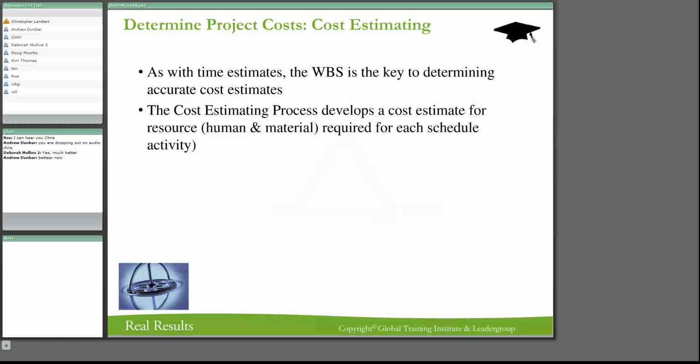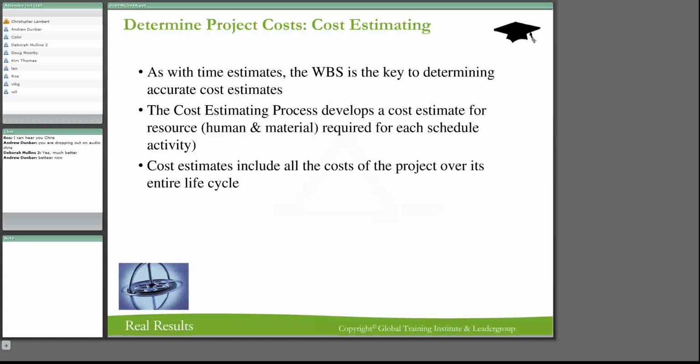So we're looking at labor cost and material cost, and we put those two together to get a project baseline cost. It's required for the schedule activity, and a good project manager is going to do it for every activity.